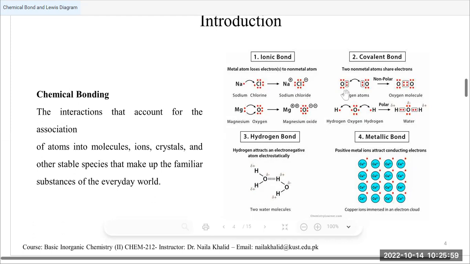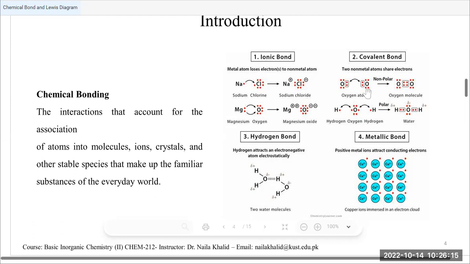Similarly, you can see another example from your daily life, the oxygen molecule. Oxygen exists in your atmosphere at approximately 21%, and this shows that it is a highly stable molecule.